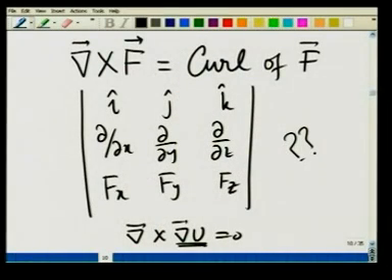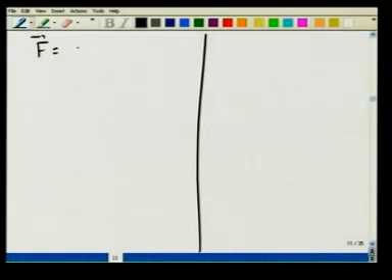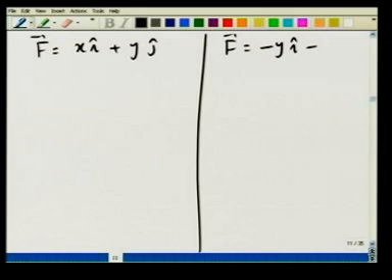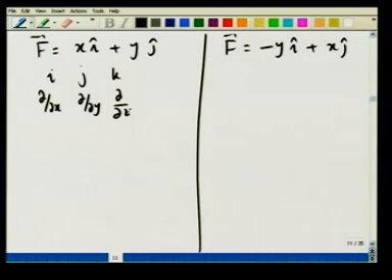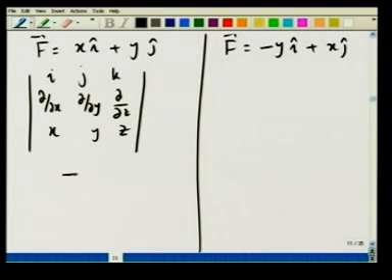The answer is yes. As the name suggests, curl is something that describes a curly sort of thing. Let's again go back to our two examples: F equals x i plus y j and F equals minus y i plus x j, and take the curl. Curl is going to be i, j, k, partial with respect to x, partial with respect to y, partial with respect to z of x, y and z, and you can see this is 0.